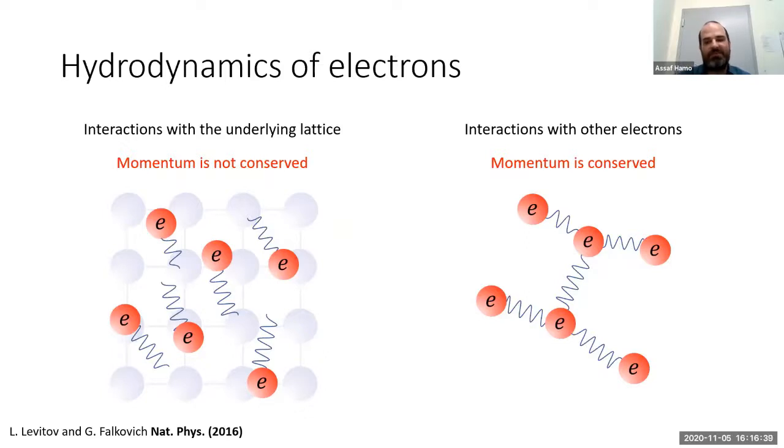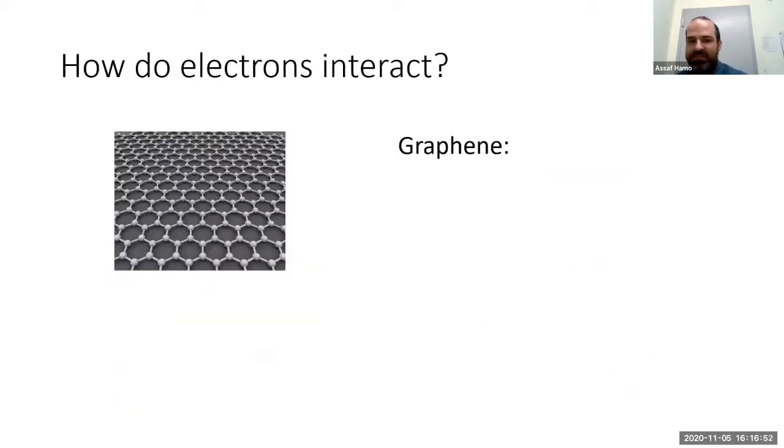So in order to get interactions in the system, there's a simple way to go, which is using two-dimensional materials, and a nice example for that is graphene.